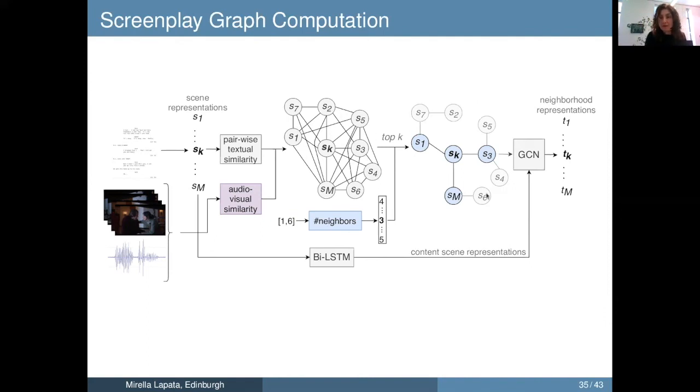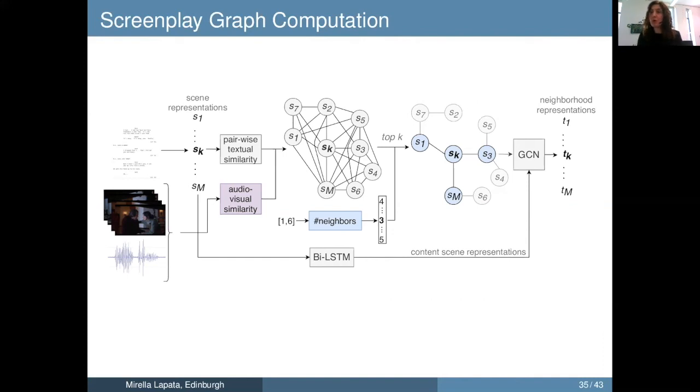Once I have sparsified the graph, I will use a graph convolutional network to represent this, and this GCN representation will be concatenated with the BiLSTM you've seen before to create these representations of the scenes. And then I will do the prediction task like I've shown you before.